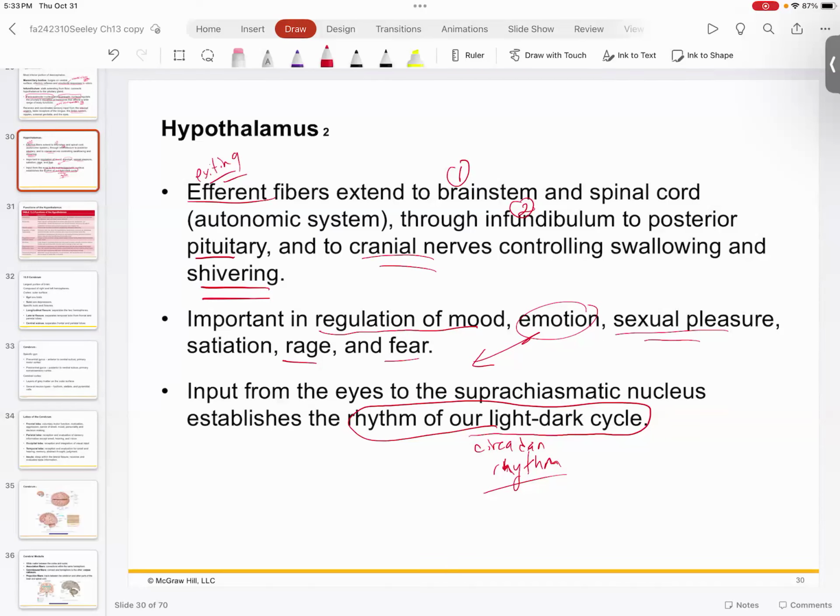Every organism has a circadian rhythm hardwired into it. Some animals are nocturnal, which means they are awake and active at night, and they typically sleep during the day. Other animals are diurnal, which means they are active and awake during the day and at rest at night. Those are typically hardwired into the nervous system.